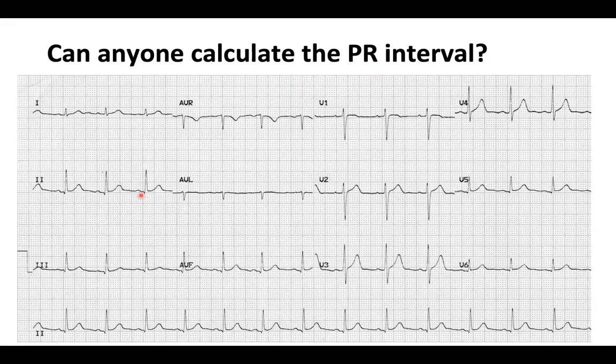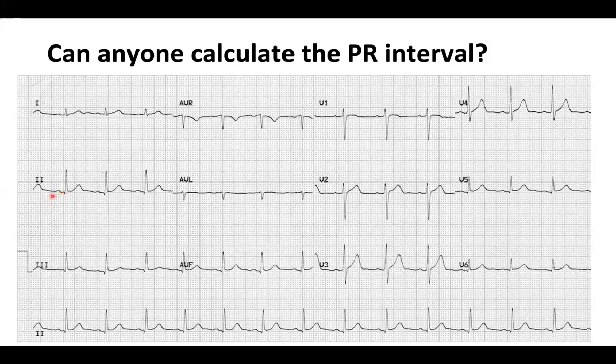The PR interval? I'm not sure why, but on my screen it looks quite clear. Okay, let's go through together then. Some people are saying 5 small squares, some people are saying they can't read it, but primarily 5 small squares or 4 small squares. So it's between 4.5 to 5, because I'll give you that it's quite difficult to see on a screen.